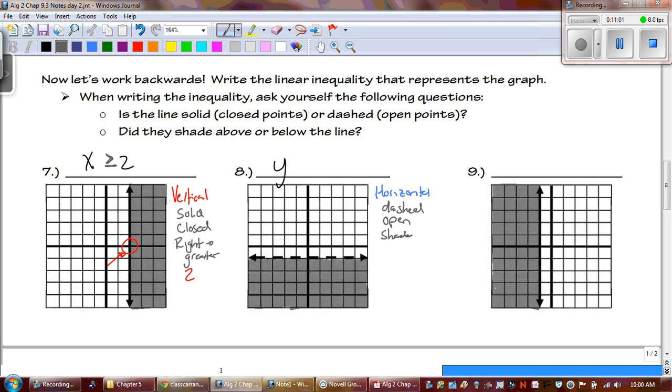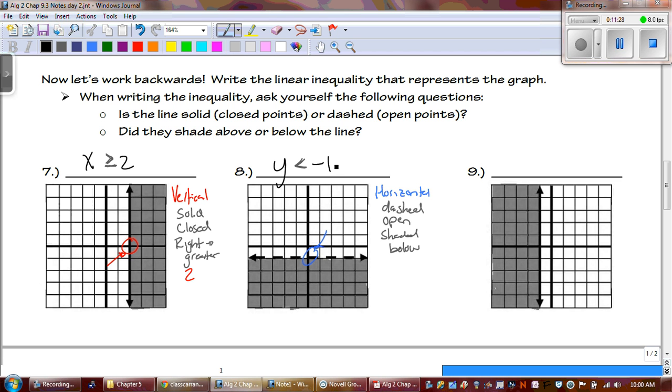We shaded below. So below means less than. So it's just the less than symbol. It's not with the line underneath it because there are dashed points. And then the next thing we need to look at is where is that at? And that is at -1. So we get y is less than -1.